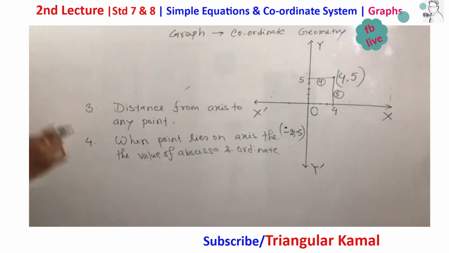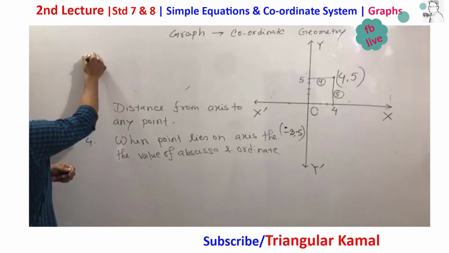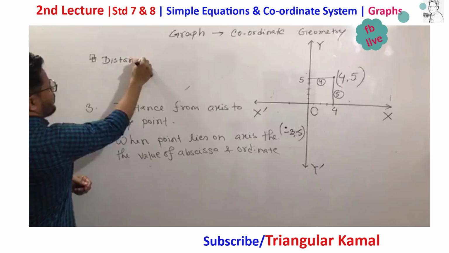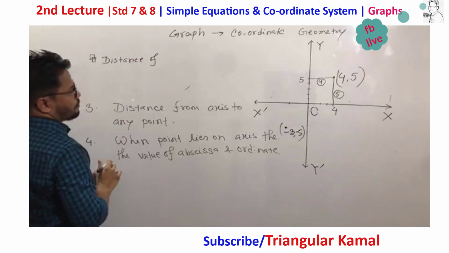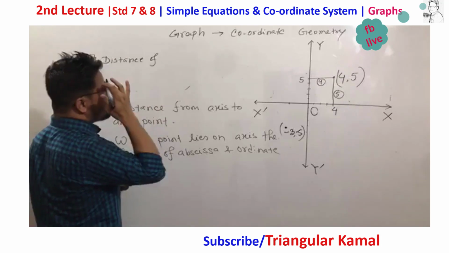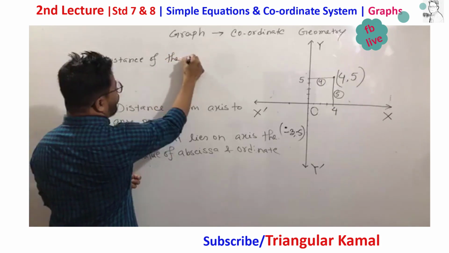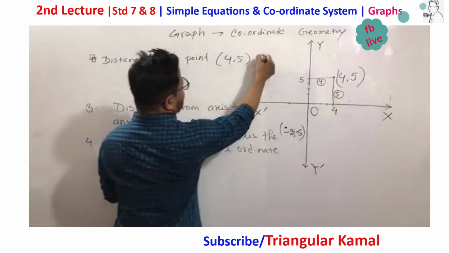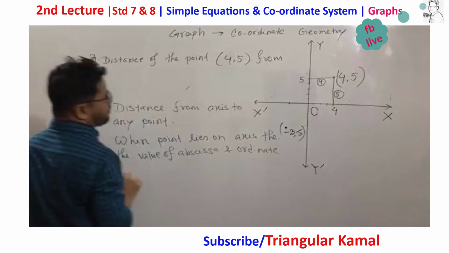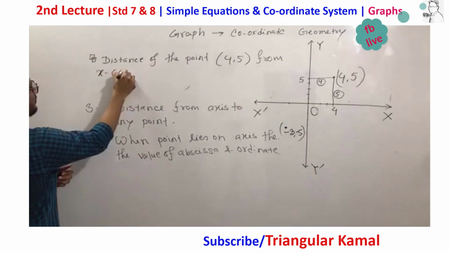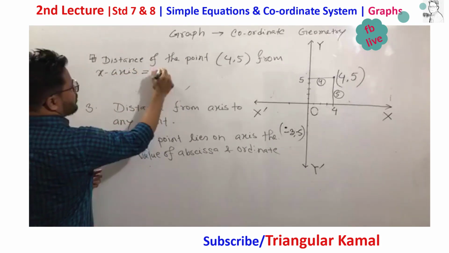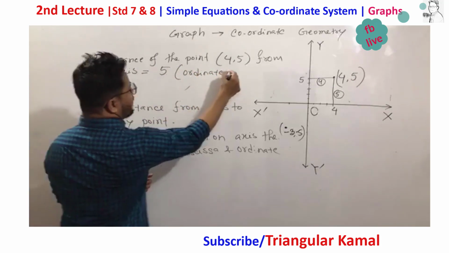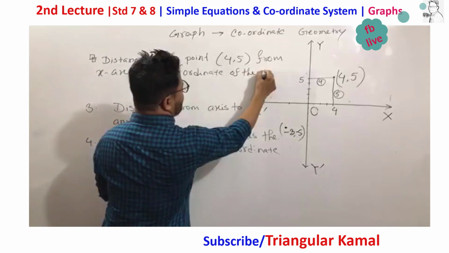So give attention. This is one of the important points. Distance of the point (4, 5) from x-axis equals 5, the ordinate of the point.